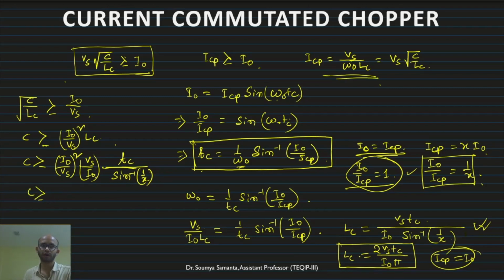If I solve this, we get I naught by Vs into Tc by pi by 2, that is, 2Tc by pi.